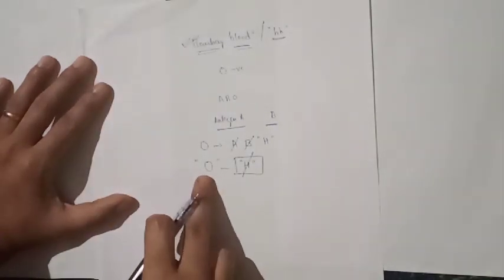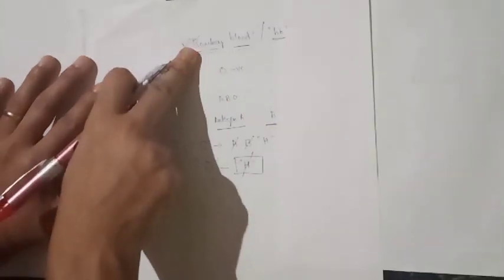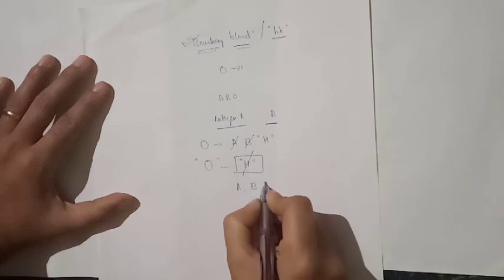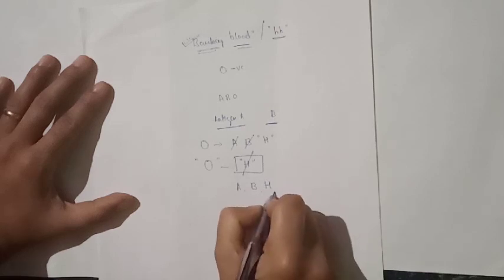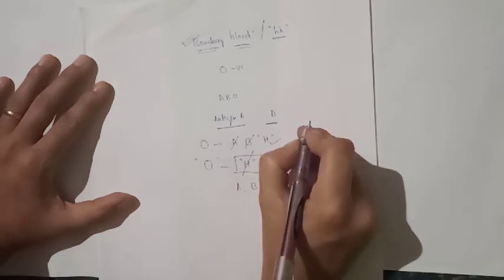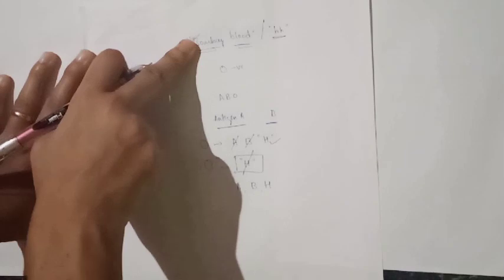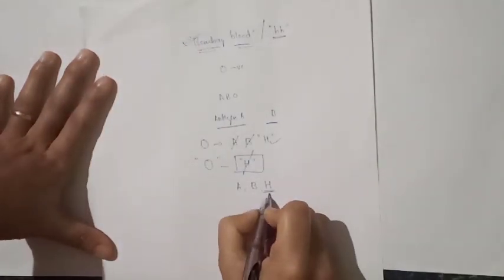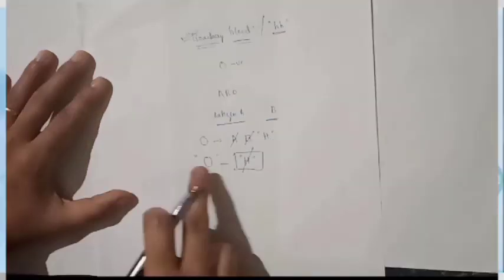In Bombay blood group, antigen A is absent, antigen B is absent, and antigen H is also absent. H antigen is present in all blood groups except Bombay. Absence of antigen H makes the O blood group a Bombay blood group.